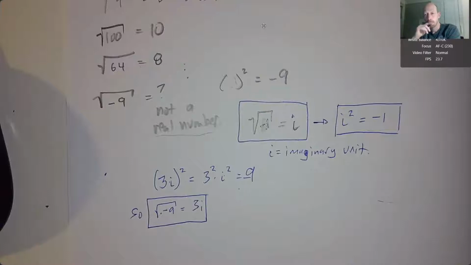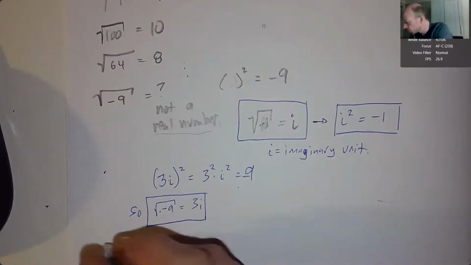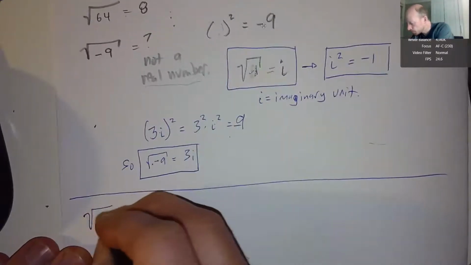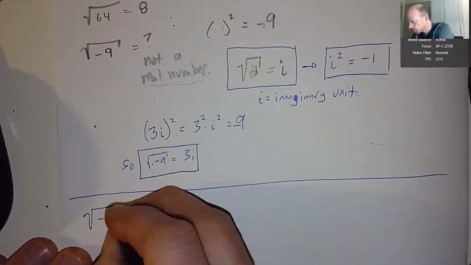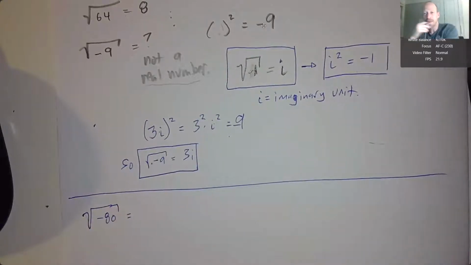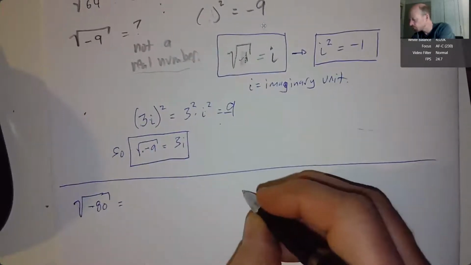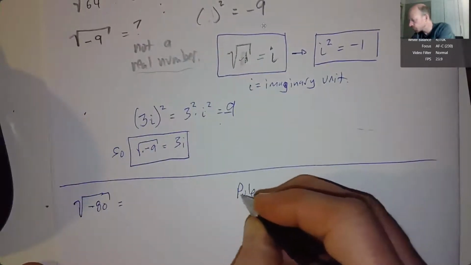What if it's the square root of negative 80? Okay, so again, we need a little bit of background to get here. This involves a little bit from some of the previous sections. Here's a rule for square roots.